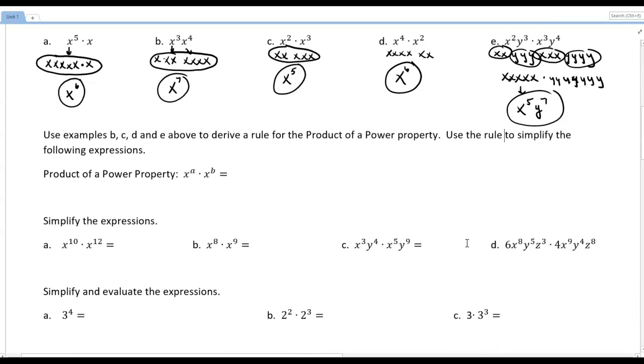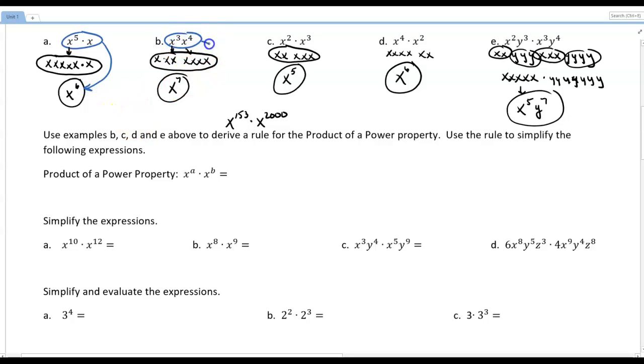Well, if I gave you a problem such as x to the 153 times x to the 2000, would you want to expand these out and rewrite them like you normally would? No, you'd want to figure out a shortcut. So what is the potential shortcut? How could I go from x to the 5th times x to x to the 6th?